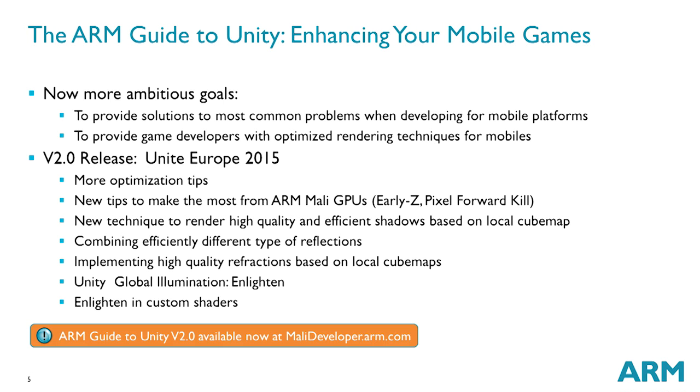So yesterday, the second version of this guide was released. It is available for download for free on our Mali developer website. In this new version, you will find more tips for optimizing your mobile games, and you will find, for example, a nice chapter with a very nice description of Enlighten.